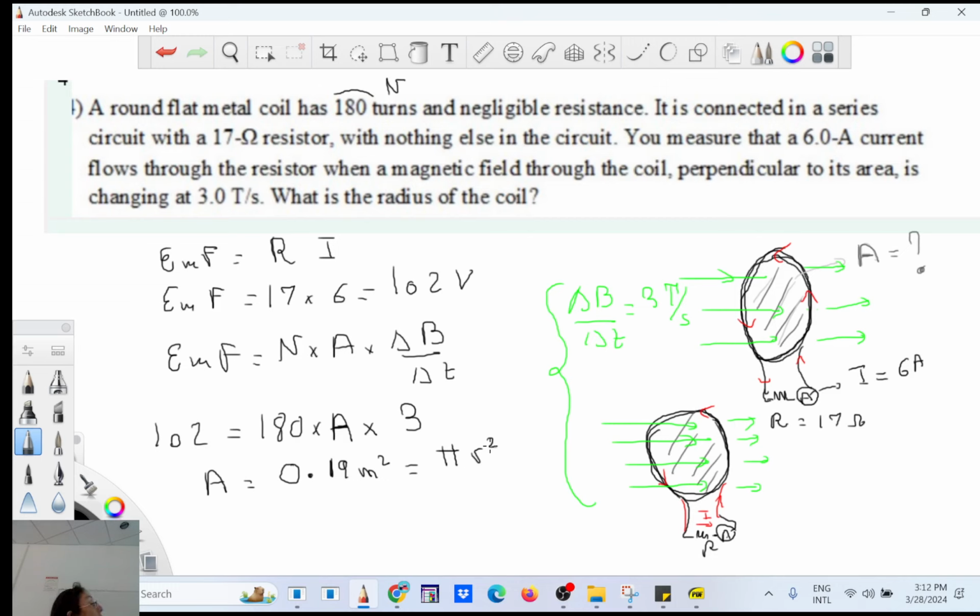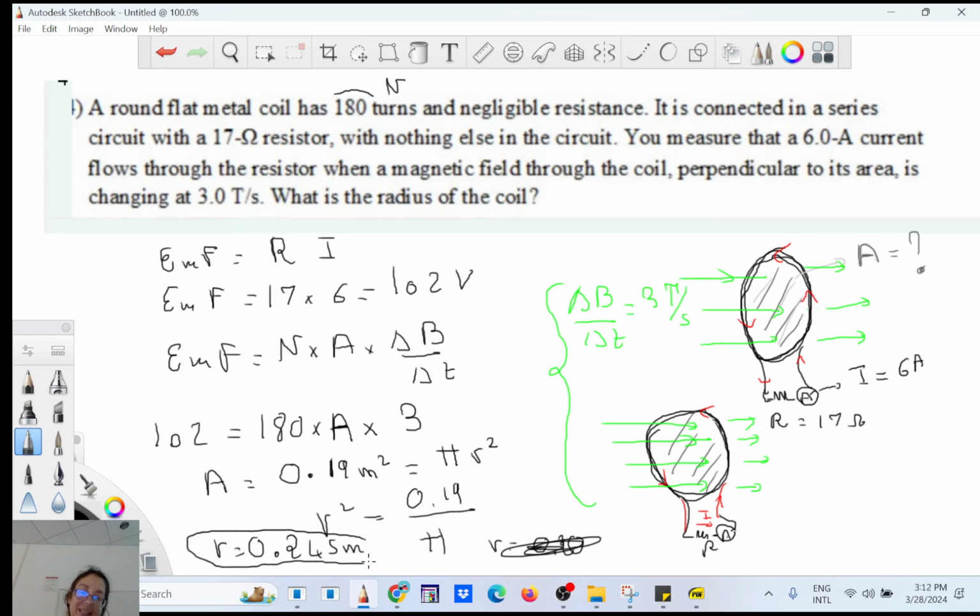Guys, do it. If you do it, time goes faster. Who is talking? Okay, what's your name? Jackie? Okay, so Jackie says 0.245.